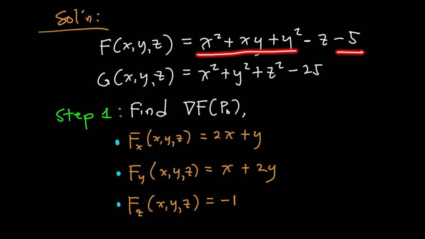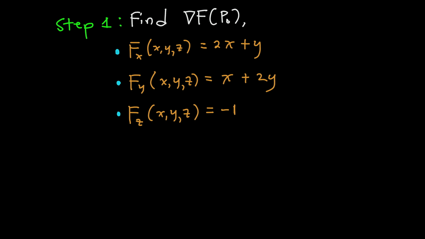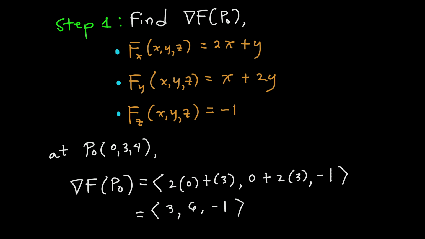So deriving this one with respect to z gives you negative 1. So the value of your gradient evaluated at p sub 0 is equal to this one. We simply substitute these points in these equations, and this gives you the vector (3, 6, -1).